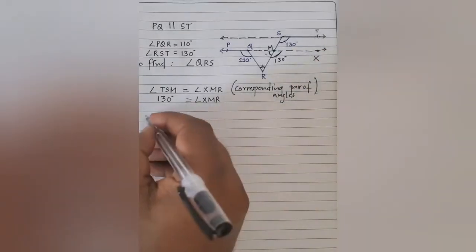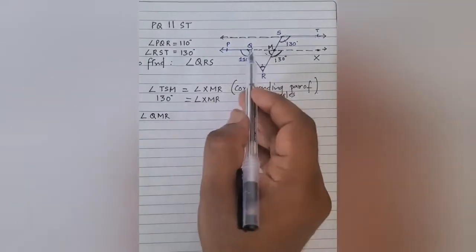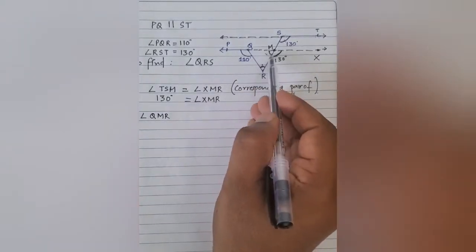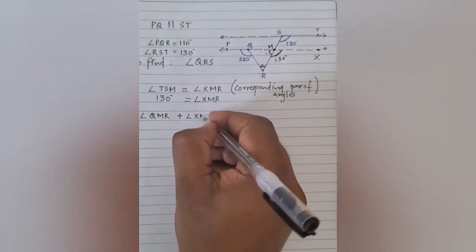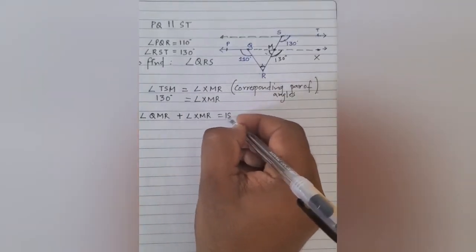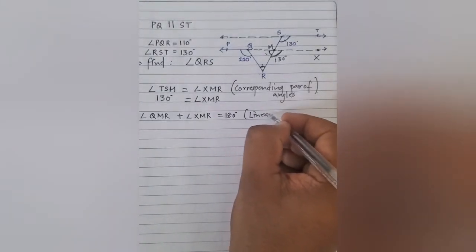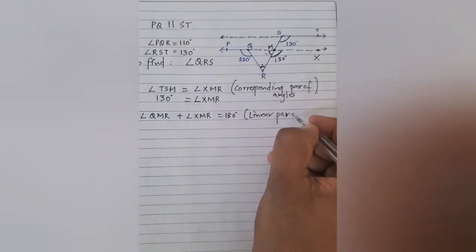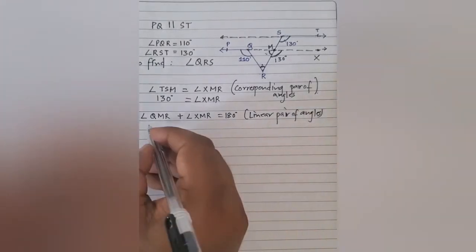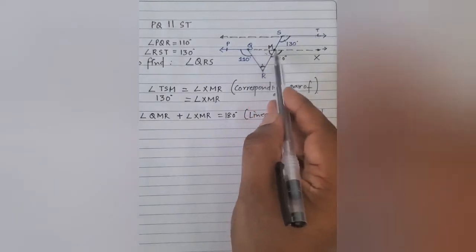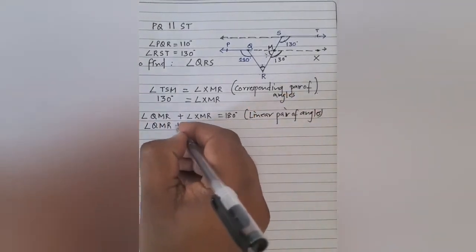So what I would do next is angle QMR, that is this angle, plus angle XMR should be equal to 180 degrees. The reason is linear pair of angles. QMR is something that I have to find, plus XMR.